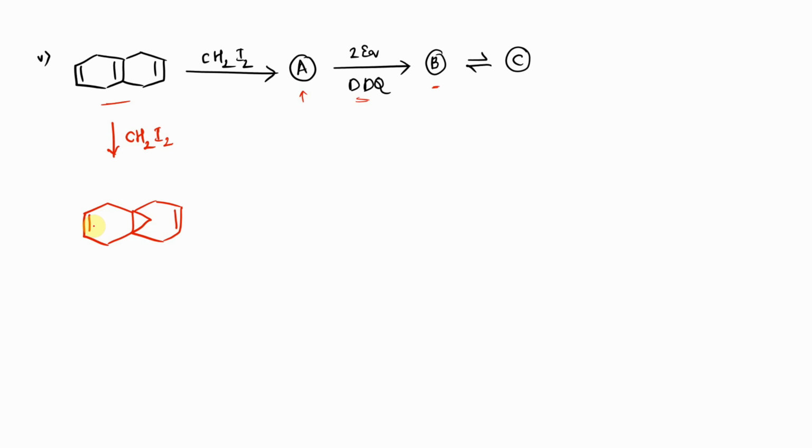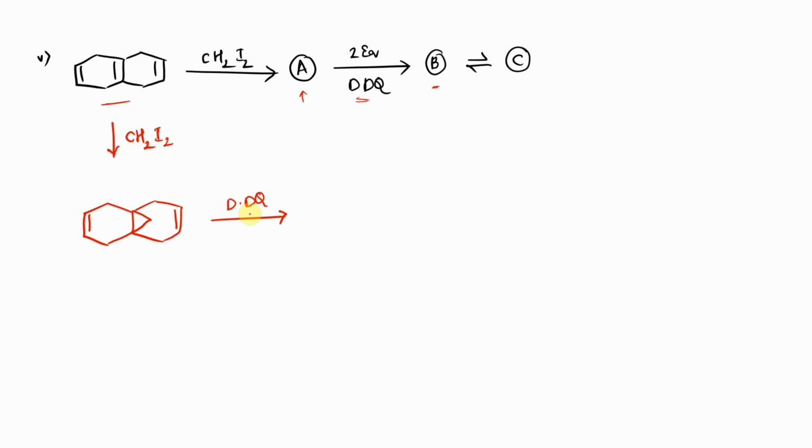Next, they are asking us to treat this molecule with 2 equivalents of DDQ. Let us take one at a time. The first molecule of DDQ carries out a process of removing hydrogen.